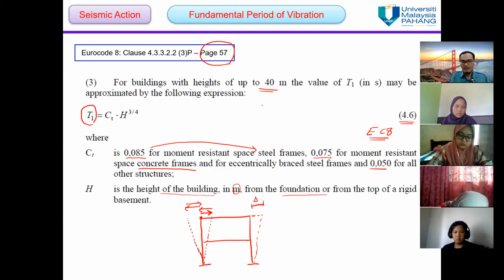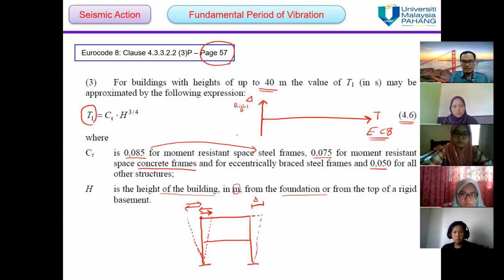Or we can see it like this one. So this is the T and this is the displacement. Let's say this is to the right, up, and this is to the left. It moves to the right, goes up to the maximum value of displacement, and then goes back down to the original position.